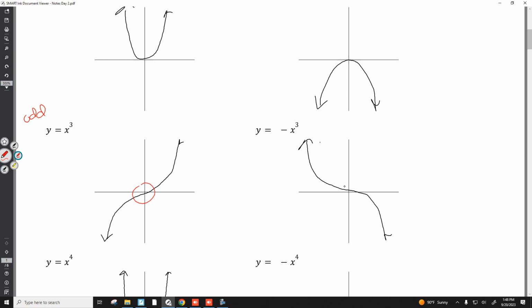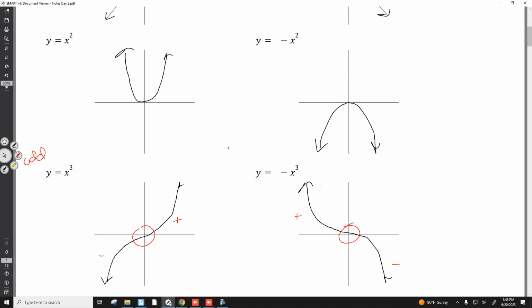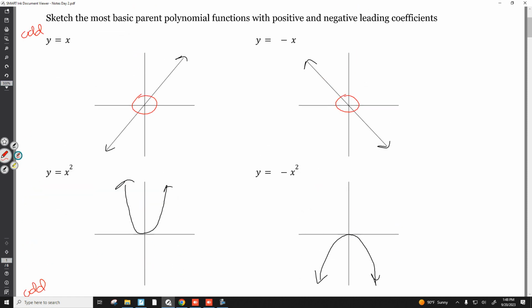So if we're looking at the zeros, we can see sign changes. We go from negatives to positives, or positives to negatives, both with y equals x or y equals x cubed. So sign changes occur for odd multiplicities. But we can see we kind of just pass straight through.